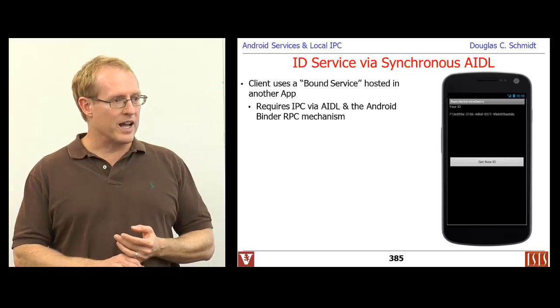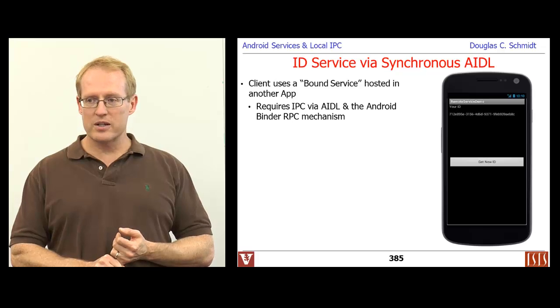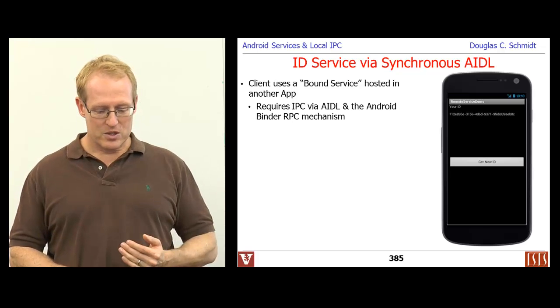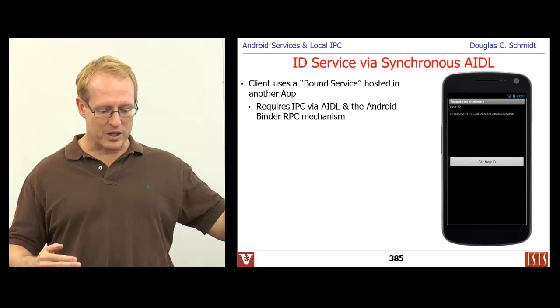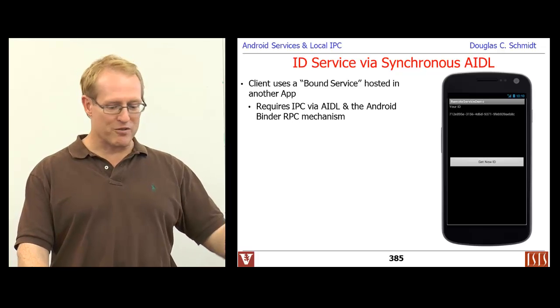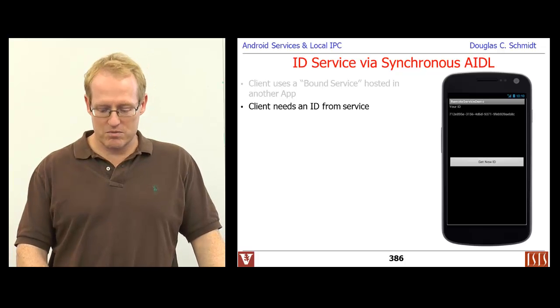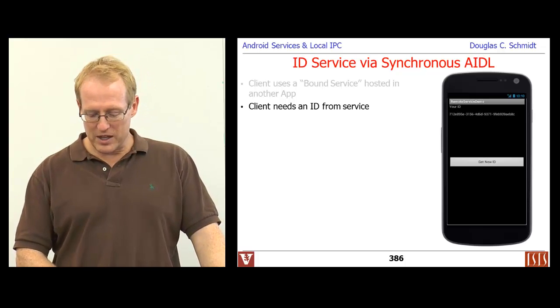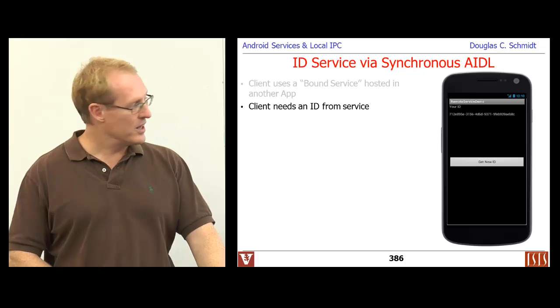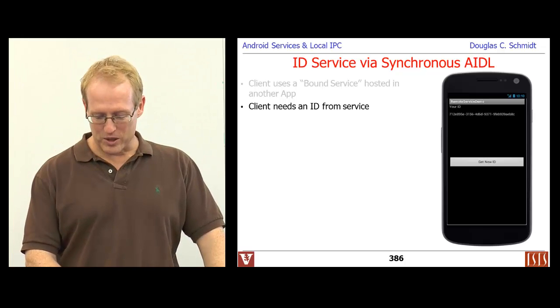The way it's going to work, we're going to have a bound service that's hosted in another app. So the service is going to run in a different app from the client, which requires all the stuff we've been talking about. The client's going to need an ID from the service, which is unique. You probably have a hard time seeing this, but if you take a look at the board up there, there's a button called Get New ID.